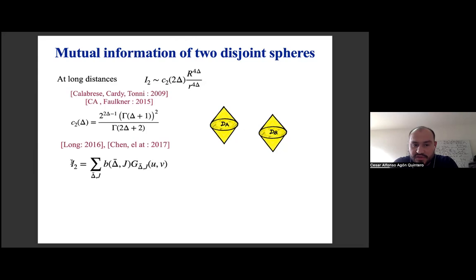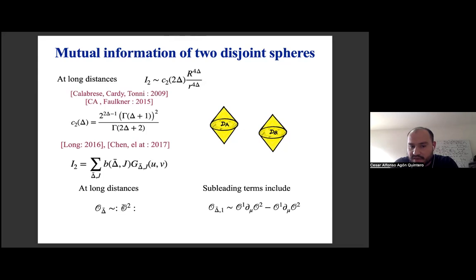So the mutual information for spheres already resums all the contributions from each replica operator and all these descendants. It organizes itself into an infinite sum which includes all the operators that can be defined in the replica theory, let's say. So in particular, this leading term, as I said at the beginning, actually comes from an O-squared-like operator.